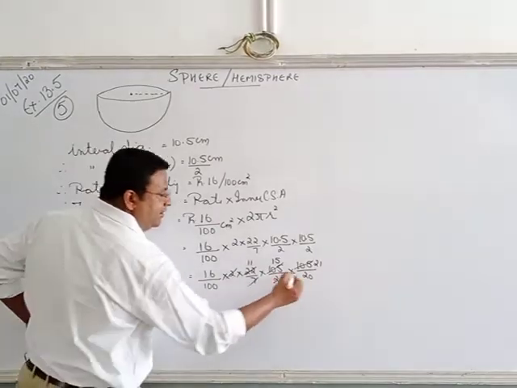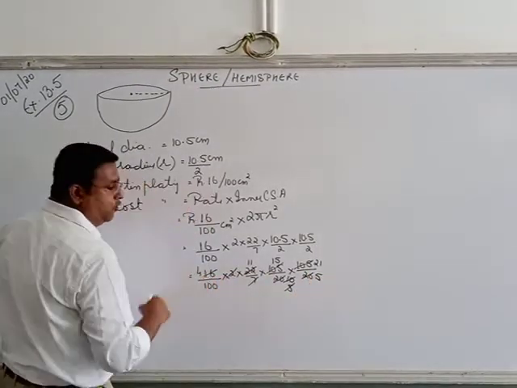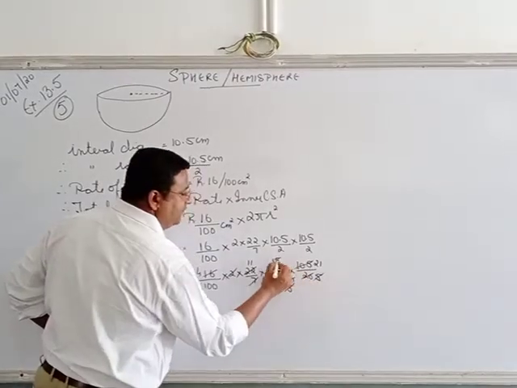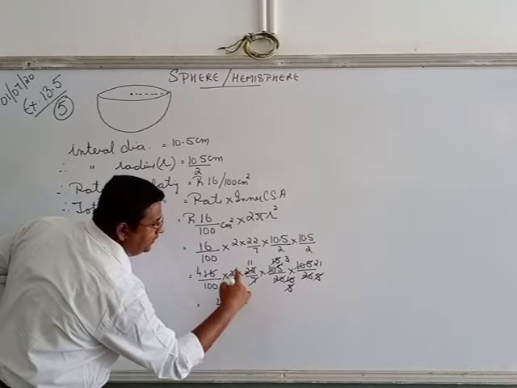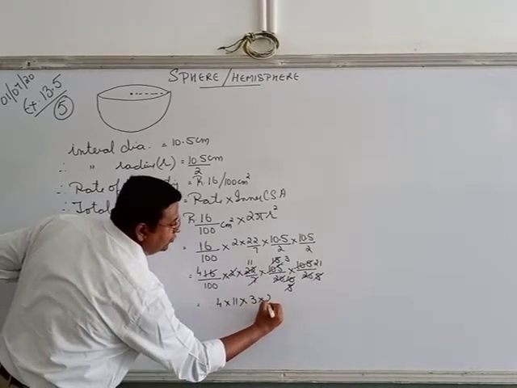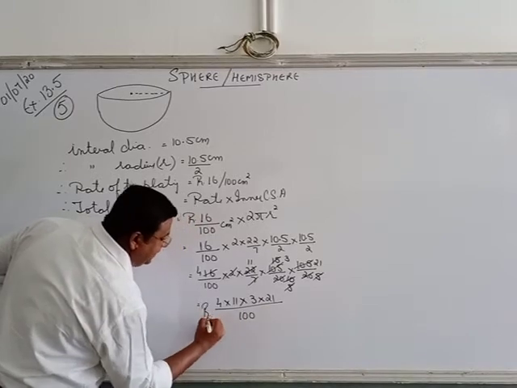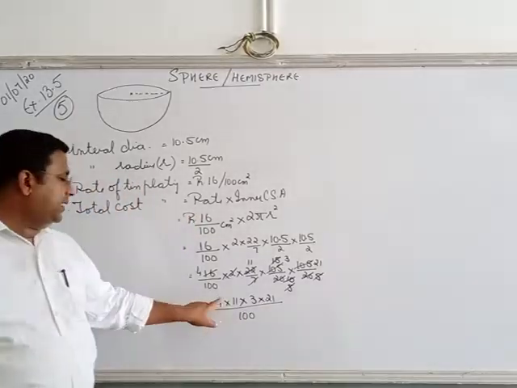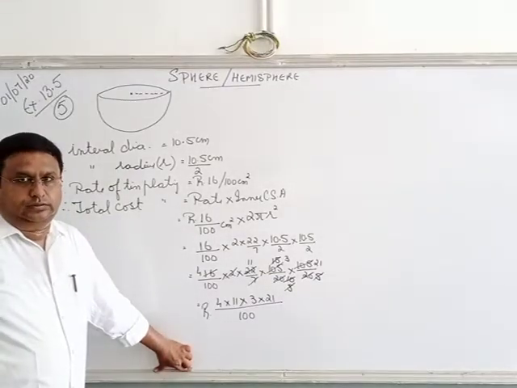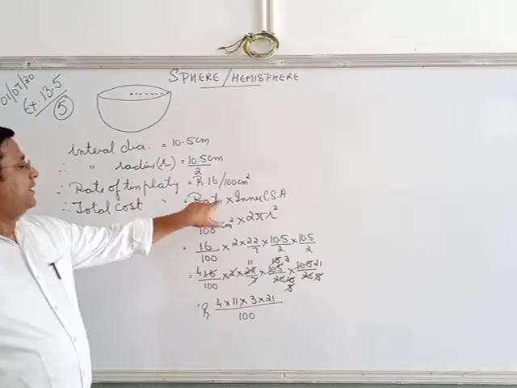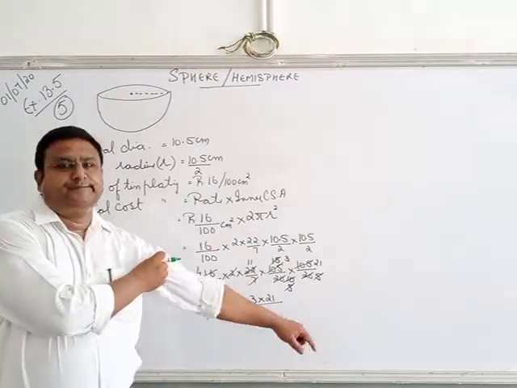Again we can see 4 5s, 4 4s, 5 ones are 5, 3s are. What is left? 4 into 11 into 3 into 21 upon 100, that will be in rupees. I hope you can multiply all of them and put down the decimal places. Correct? Rate multiplied by inner curved surface area, here we are treating it from inside.